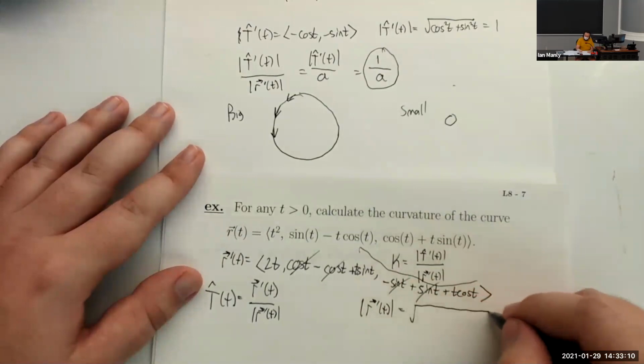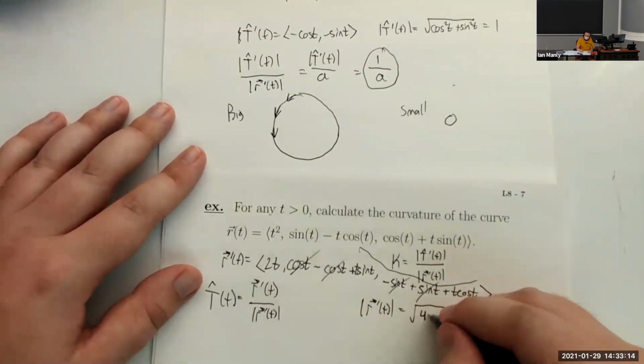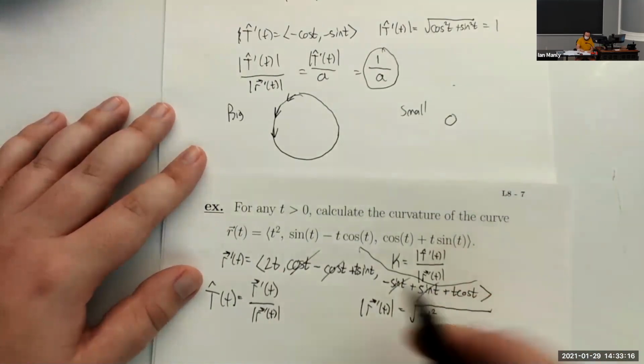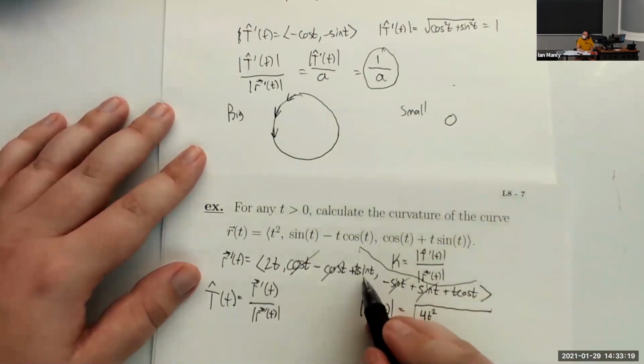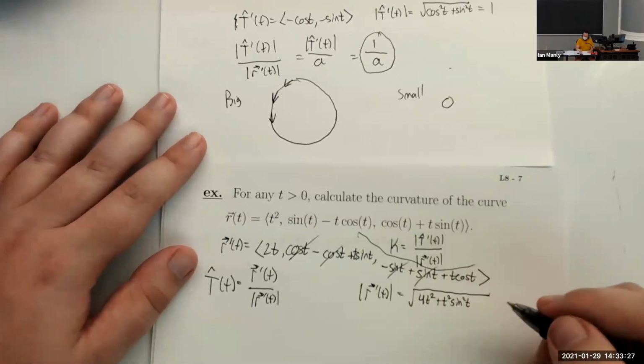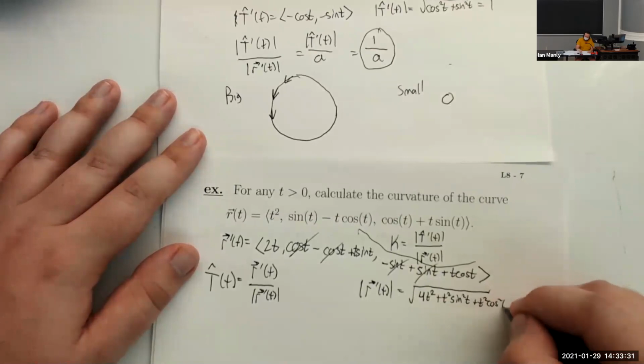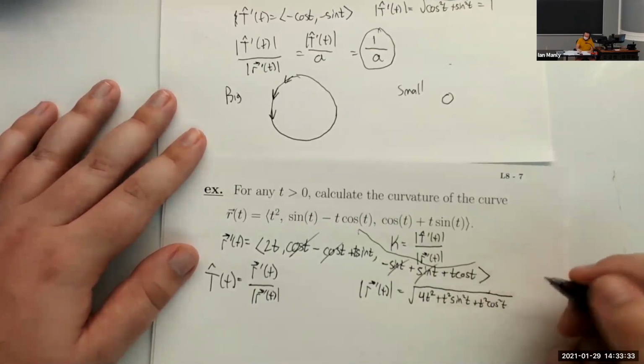So we do the square root. We have this component squared, which will be 4t squared. We have t sine of t squared right here. And so we have t squared sine squared of t right there. And then finally, we have this right here.